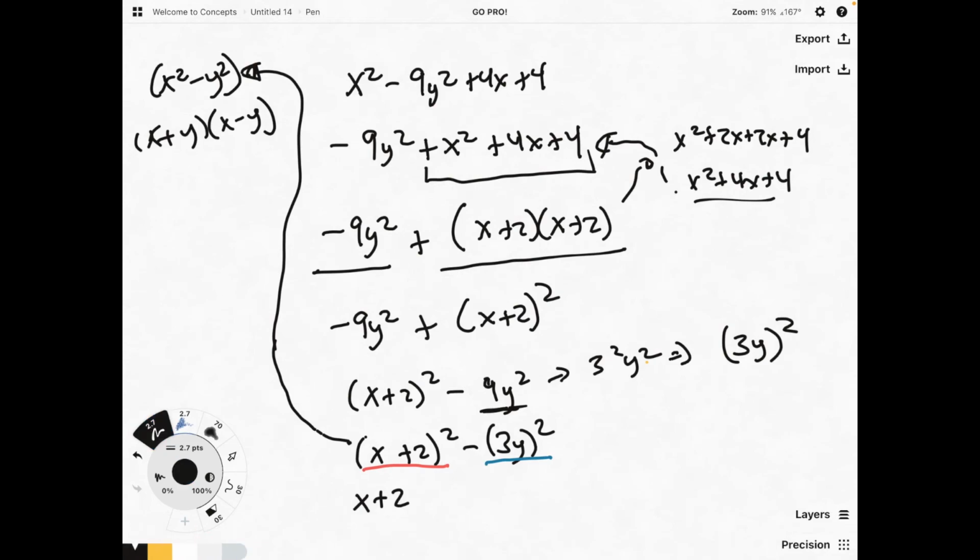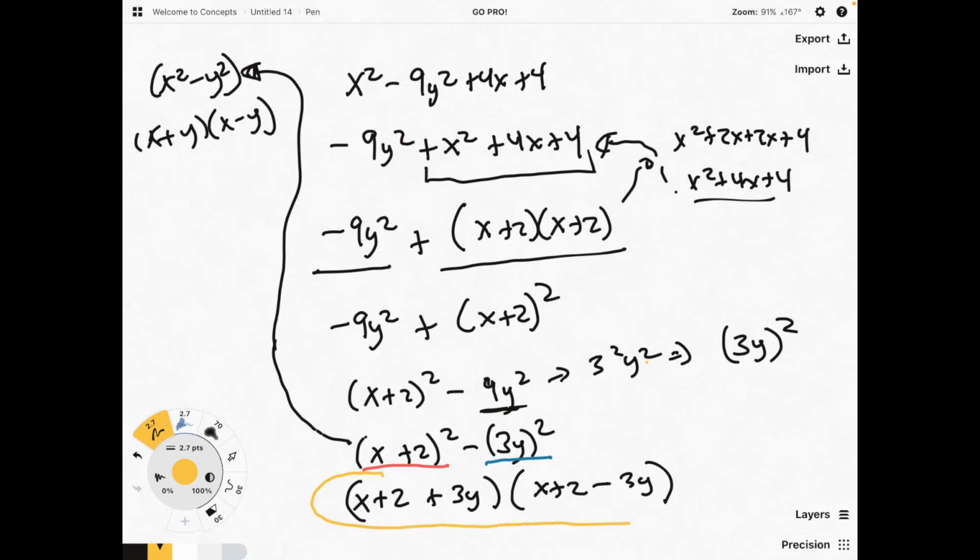X plus 2 plus y, which is 3y, and then we have multiplied by the quantity x plus 2, and then minus 3y. And now we have factors that have no addition between them, and therefore we know that this is correct.